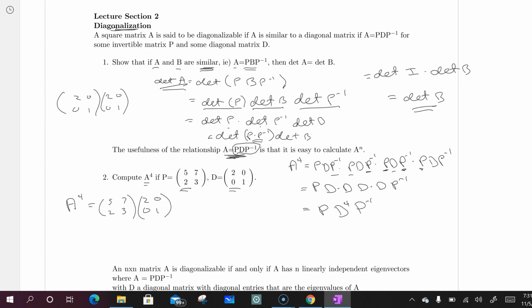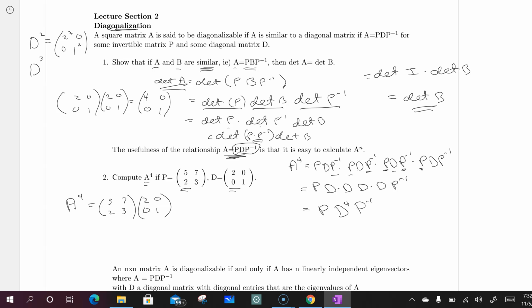So D squared turns out to be 2 squared, 0, 0, 1 squared.